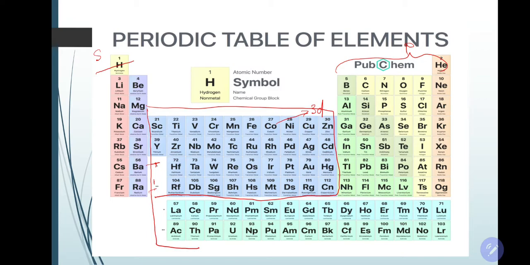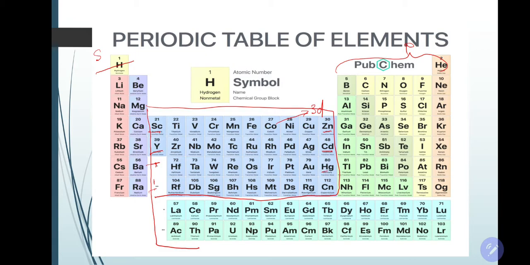It basically consists of scandium to zinc. Then the second series is also known as the 4D series, ranging from yttrium to cadmium. The third series is known as the 5D series. The third series will consist of lanthanum to mercury.